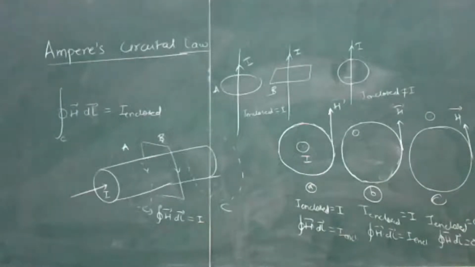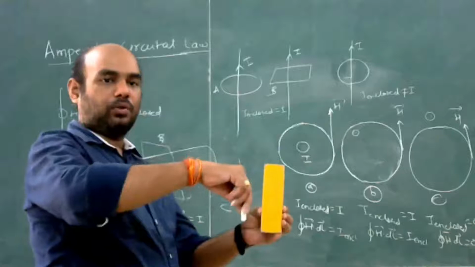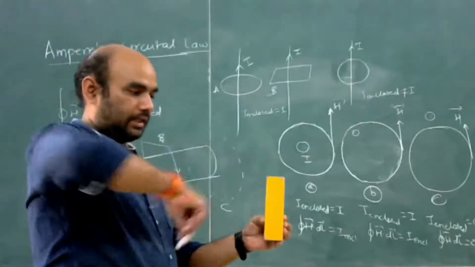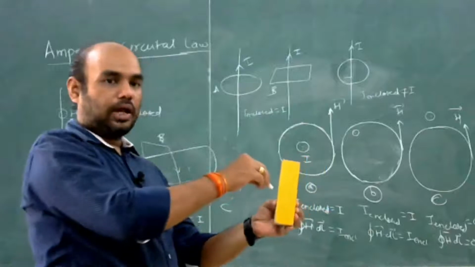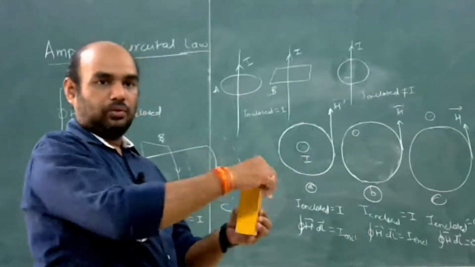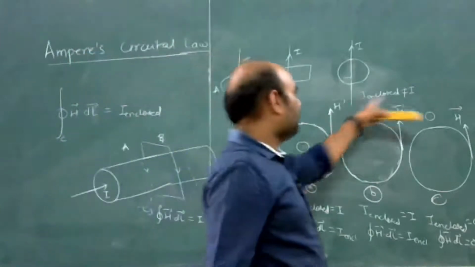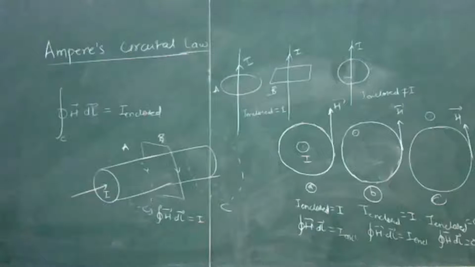So we have to take a loop in such a way that it encloses this conductor. We should not take a loop outside this conductor, or a loop which is passing through this conductor. We will get some current, but it will not be equal to the enclosed current. I will not equal the enclosed current.